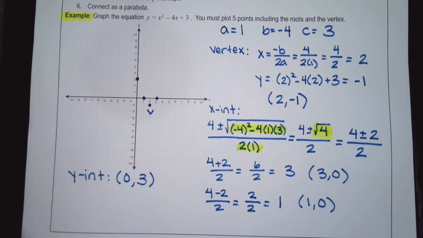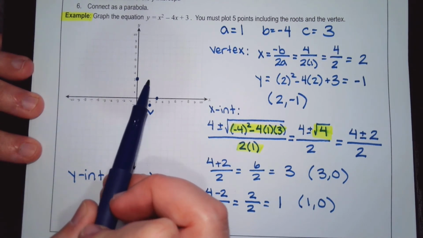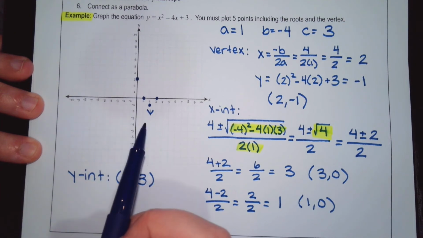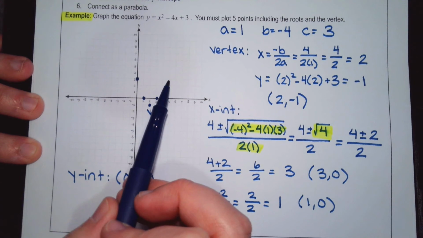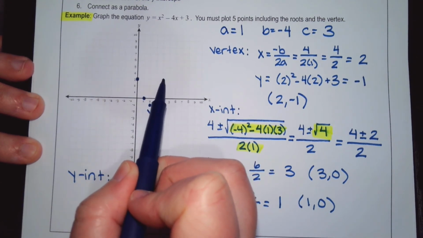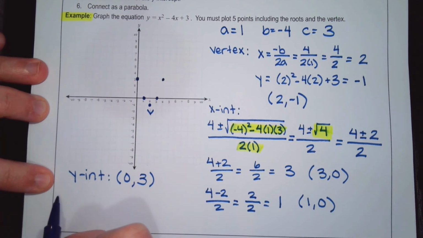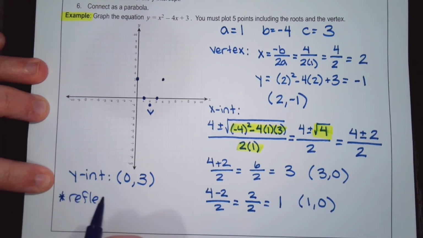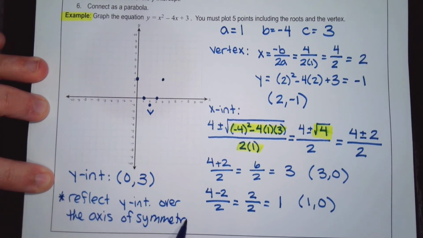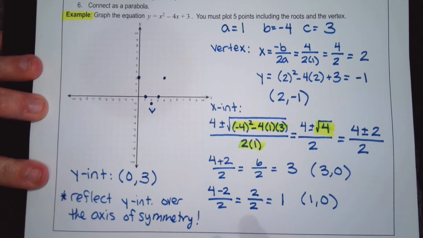To do that, we just count how many this y-intercept is away from the axis of symmetry, and then we reflect it over it. So it's 1, 2, so 1, 2. So again, we need to reflect the y-intercept over the axis of symmetry. So that's how we are reflecting it.